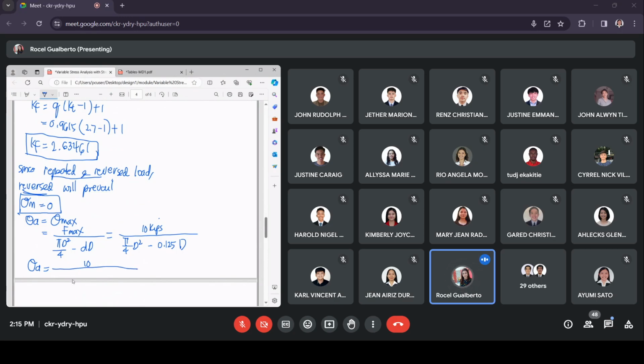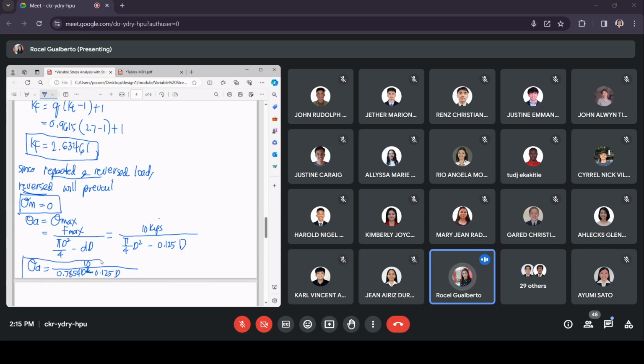Kindly compute. Minus 0.125D. Ano po itong unang term? 0.785. 0.7853981634 po, for D squared minus 0.125D.